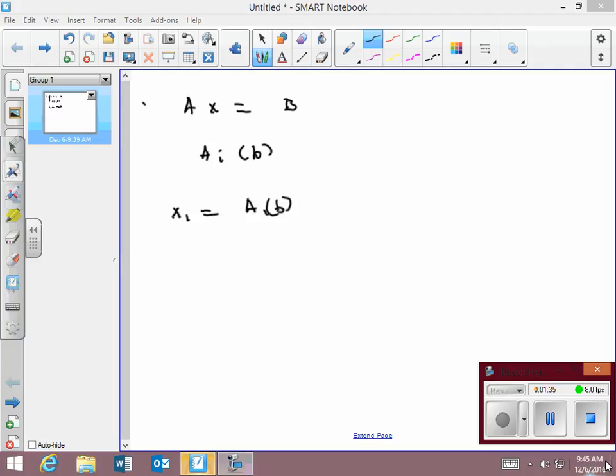A2(B) would be putting B in place of the second column, right? That's it. And then x1, if you made this specific, would be the determinant of A1(B), putting B in place of the first column in A, over the determinant of A. So if you just wanted to calculate one or a few of the values of x, then you could do it that way.